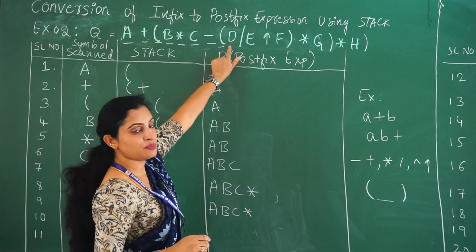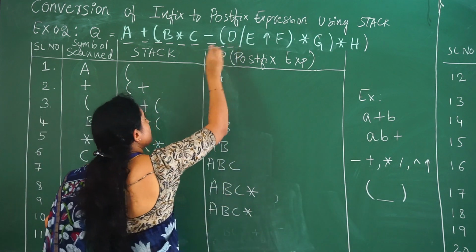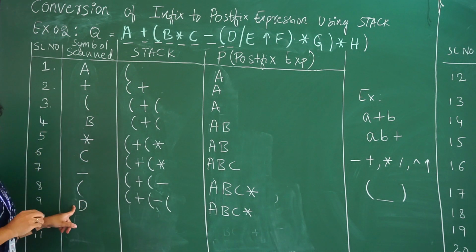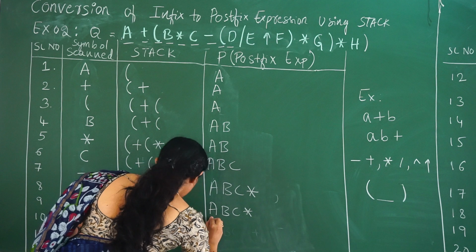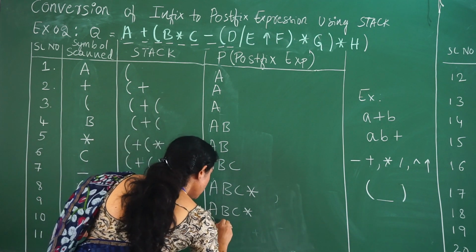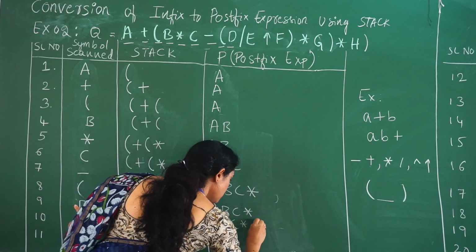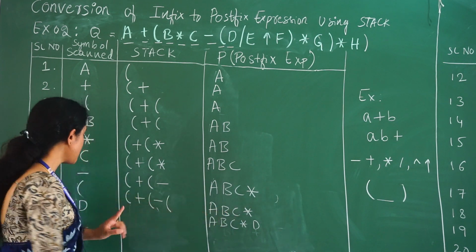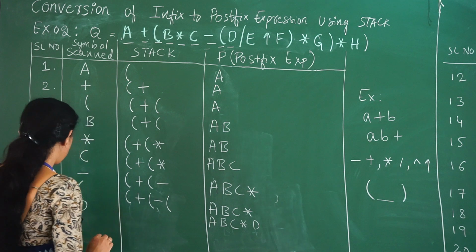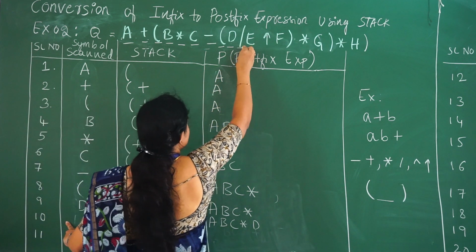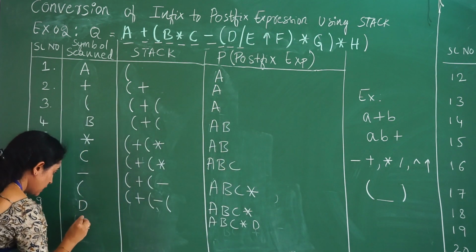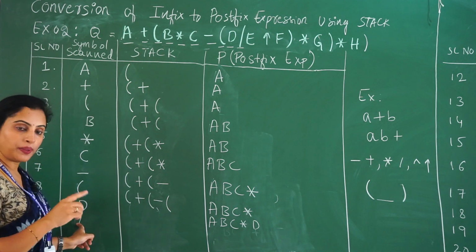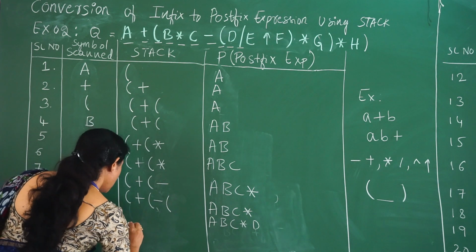So the next scanned symbol is D. D is an operand, so we can keep it in the postfix expression. The stack remains the same. The next scanned symbol is division. This is an operator, so we push it inside the stack.